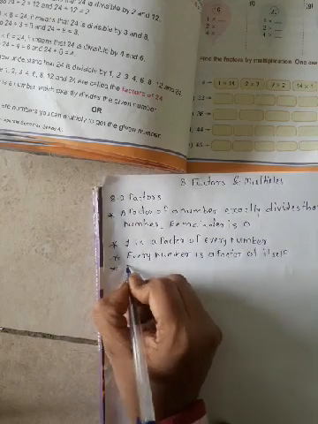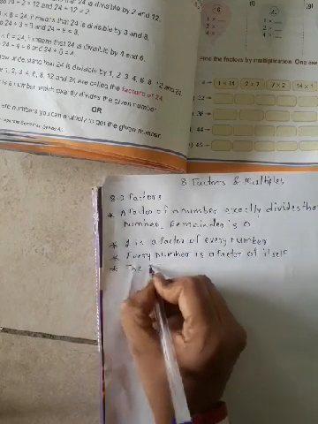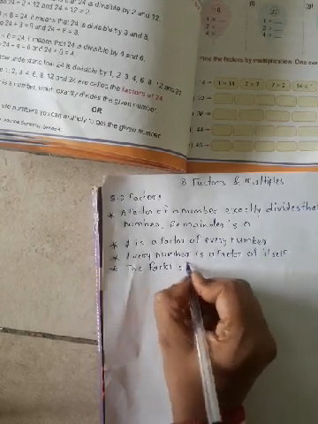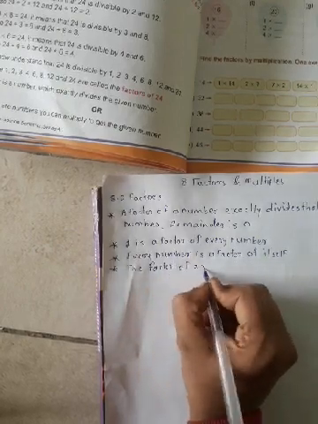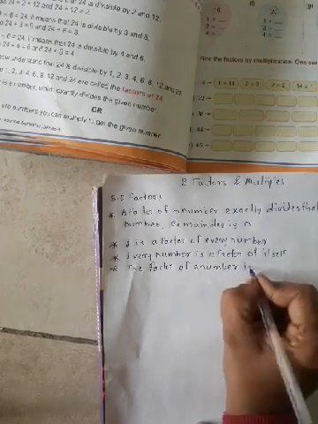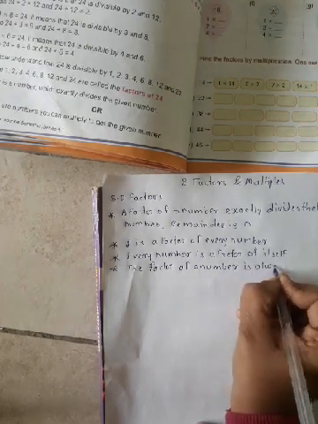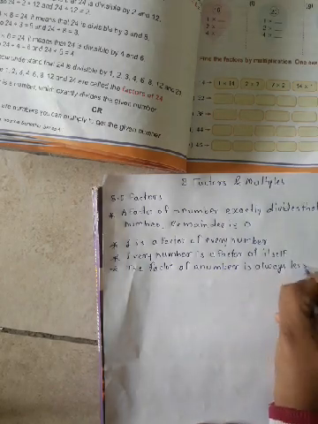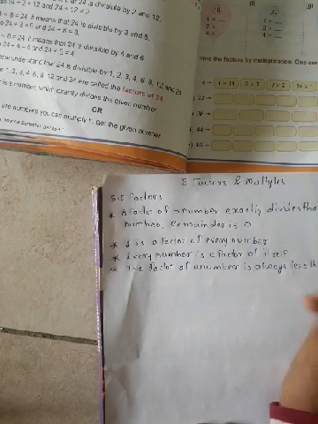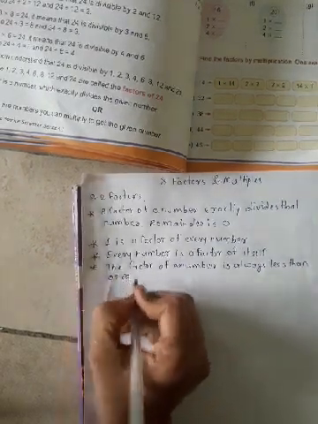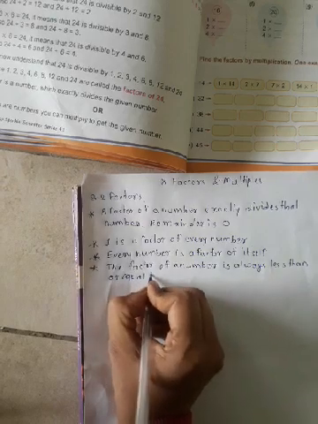Next, the factor of a number is always less than or equal to the number.